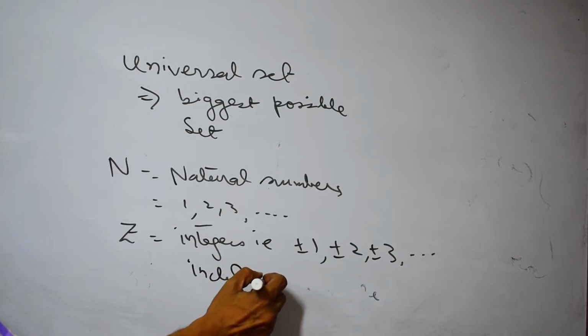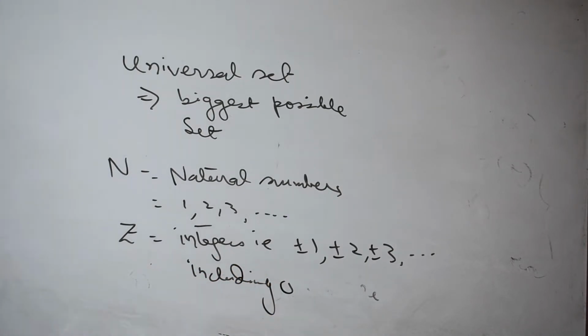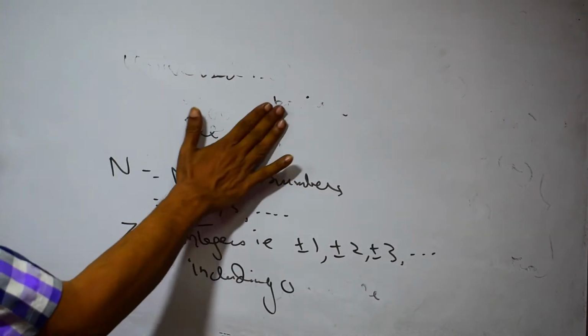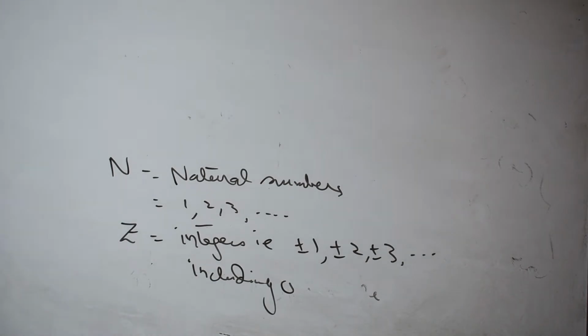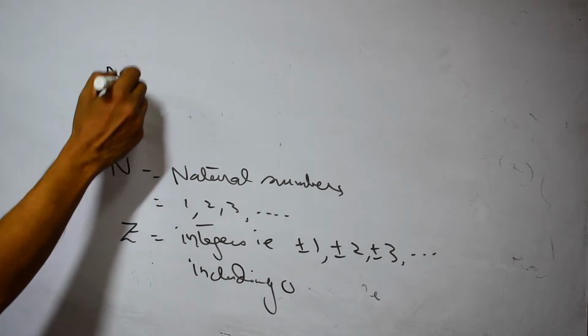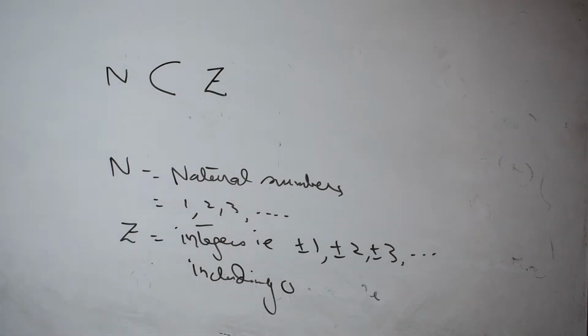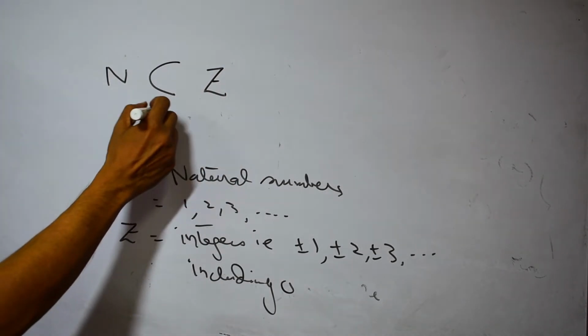So integers include 0, but natural numbers do not include 0. In natural number set we have positive numbers 1, 2, 3, 4, and integers are positive, negative both. So all natural numbers are integers, but integers are not natural numbers. We say natural number is a proper subset of Z. So N is a proper subset.